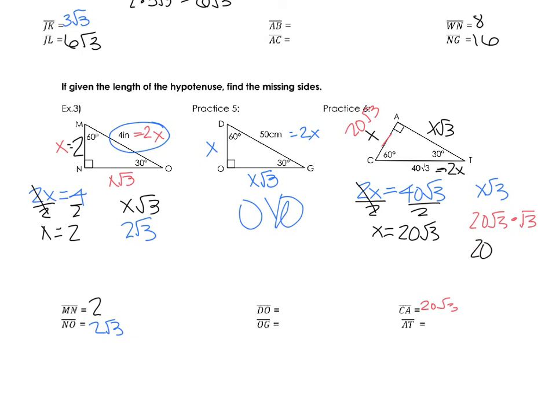Square root of 3 times square root of 3 is the square root of 9. Square root of 9 is 3. So 20 times 3 is 60. And that is how you would work it out if you are given the hypotenuse and having to find your other two legs.